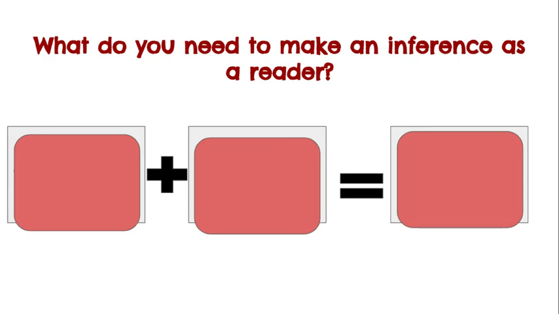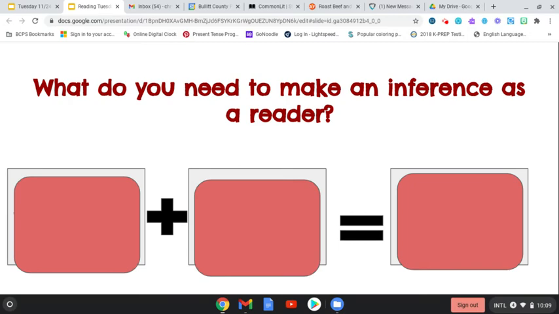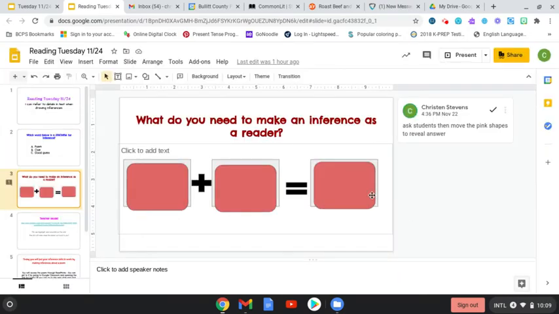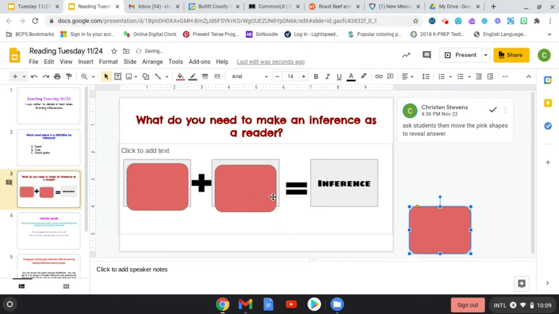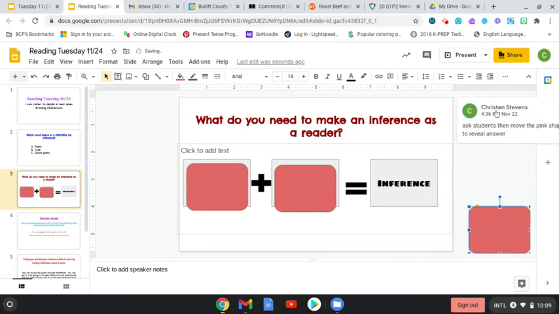Now, there are 3 things you need to make an inference as a reader. So before you actually get to the inference, you have to do 2 things. What are the 2 things you would need before you made an inference?